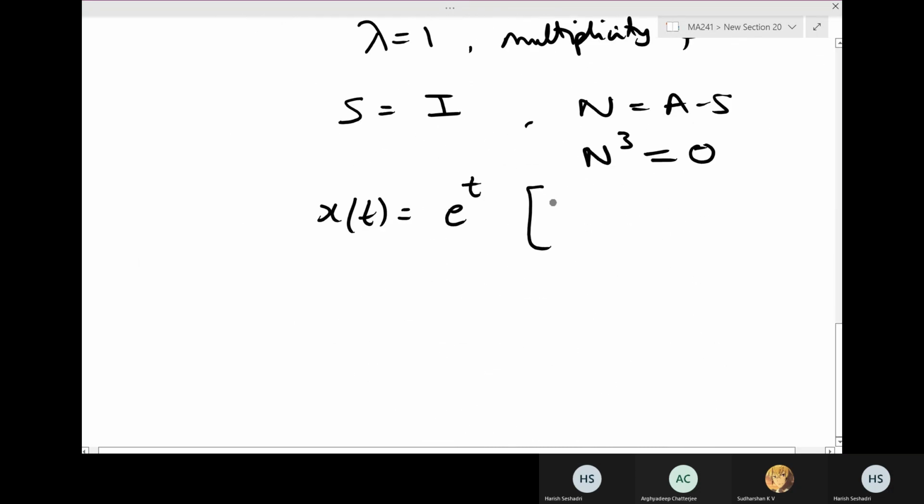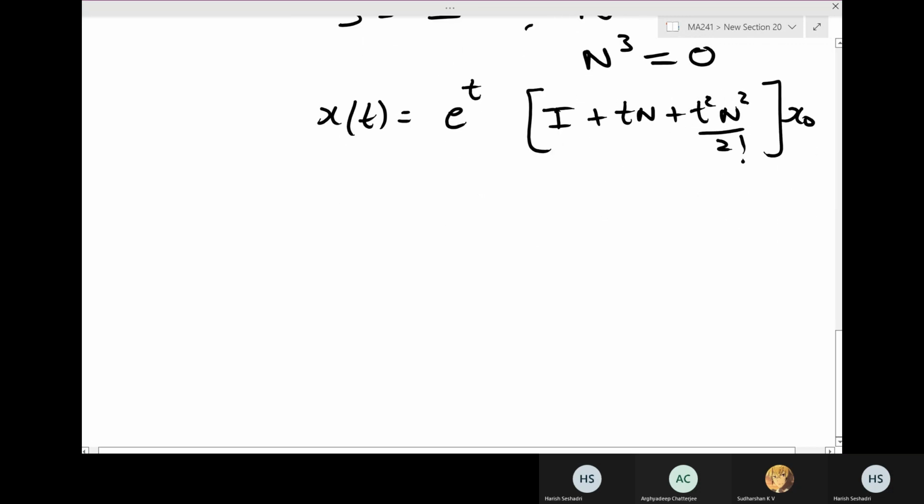So I plus tN plus t squared N squared by 2 factorial, that's it, times x naught, of course. So this actually doesn't shed much light on anything because we didn't have to compute generalized eigenvectors. In the next one, we do have to do that.